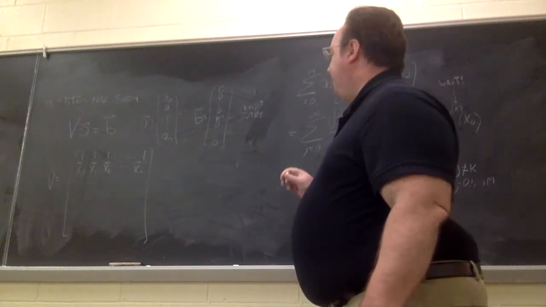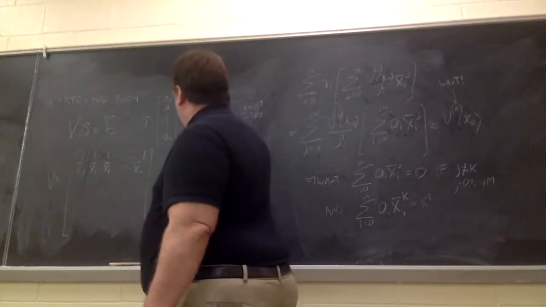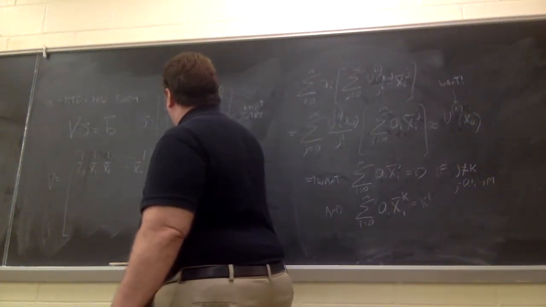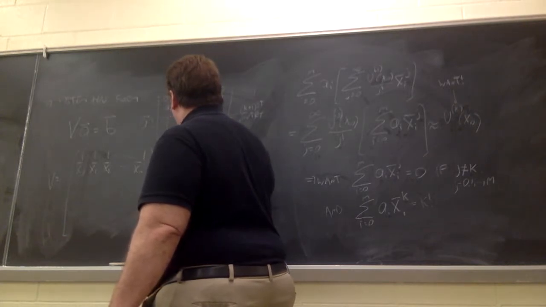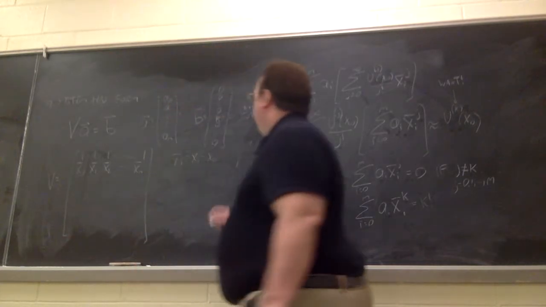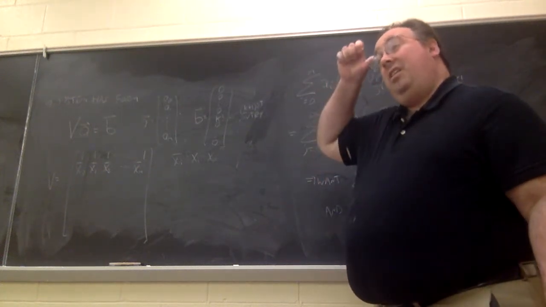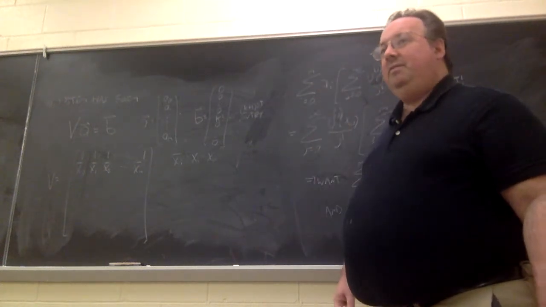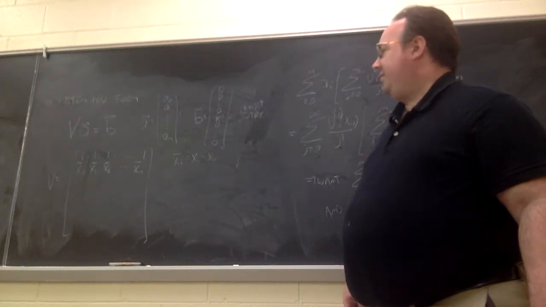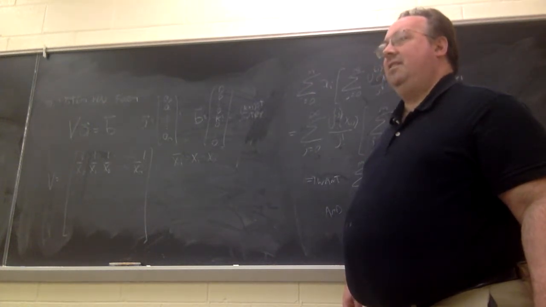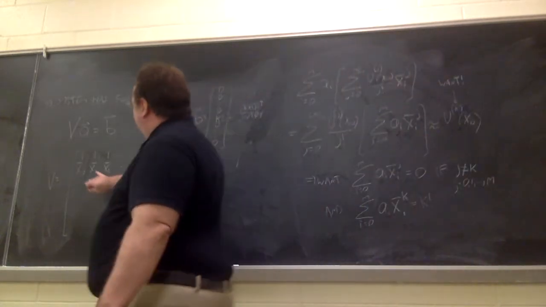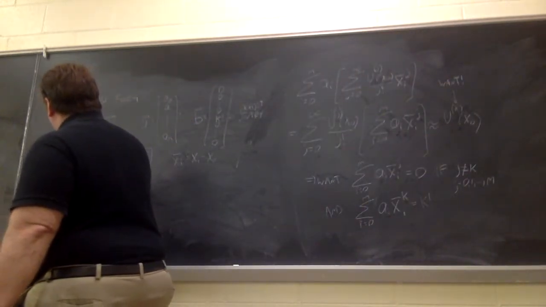But keep in mind how I defined x_i bar is equal to x_i minus x_0. So what's x_0 bar? x_0 minus x_0, which is 0, but only this one.